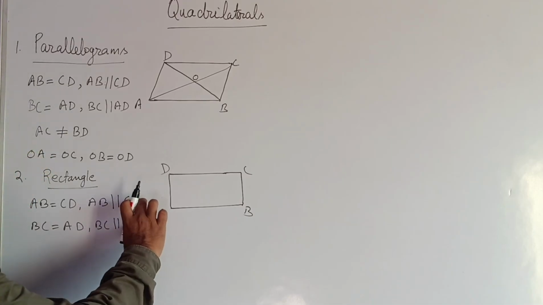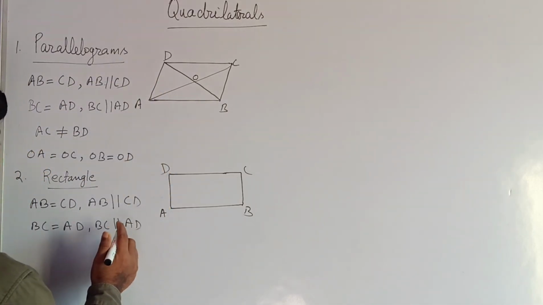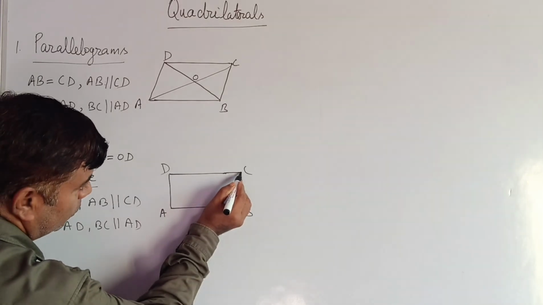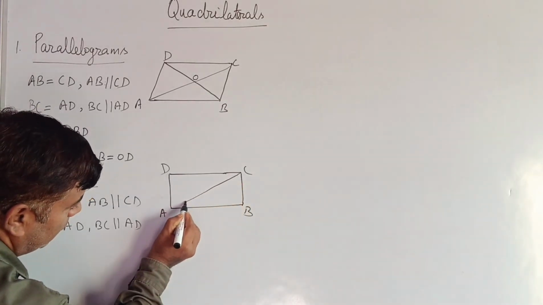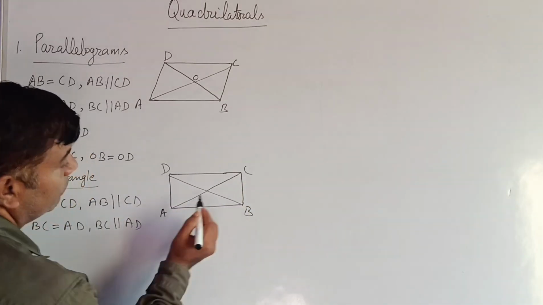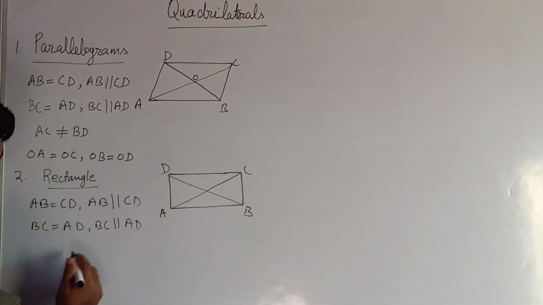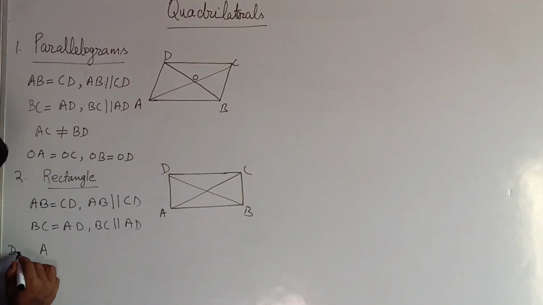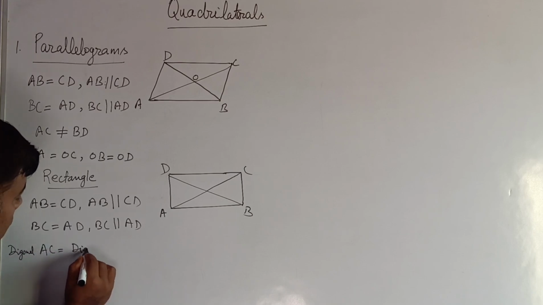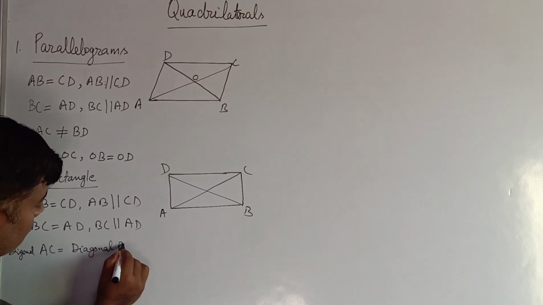These conditions are the same as in a parallelogram, but when we observe the diagonals, they will also be equal. Diagonal AC will be equal to diagonal BD.